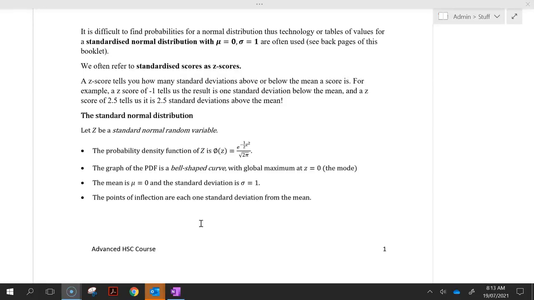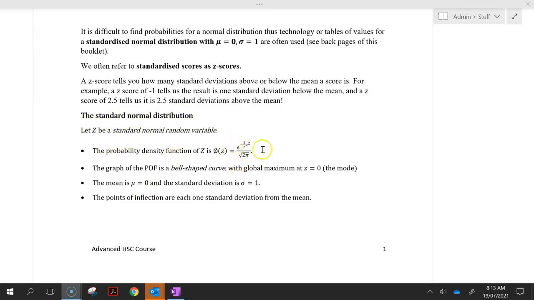For example, if you have a Z-score of -1, this tells us that the result is 1 standard deviation below the mean. And a Z-score of 2.5 tells us it is 2.5 lots of that standard deviation above the mean.